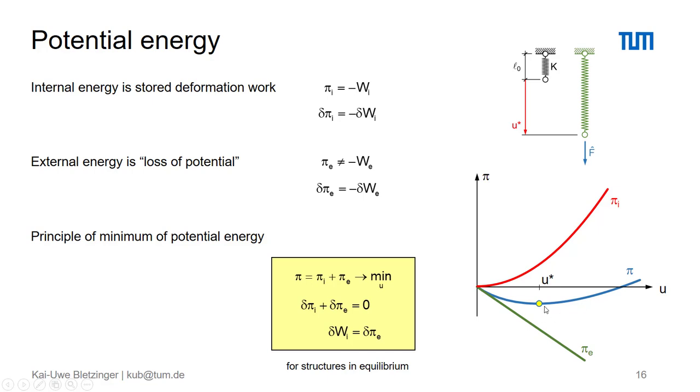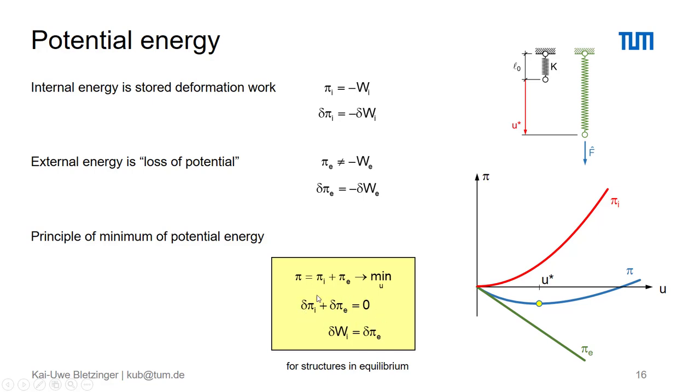And we see from the graph that at the minimum we have a horizontal tangent, which means that the first derivative, or more generally the first variation, must be zero at the final solution, which states with the virtual energy as the sum of the virtual internal and the virtual external energy, it must be zero.